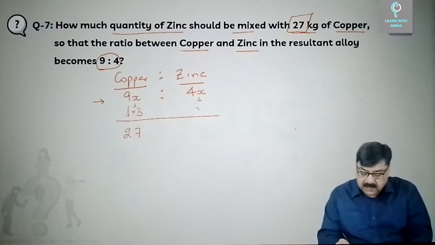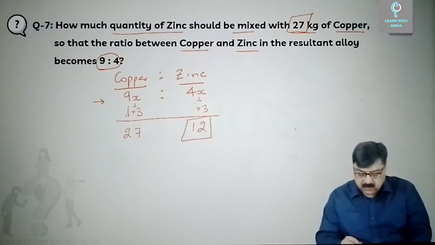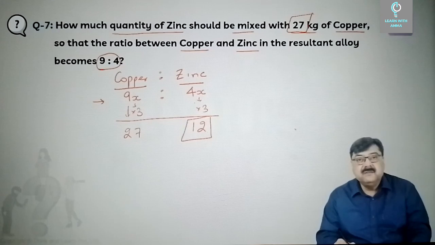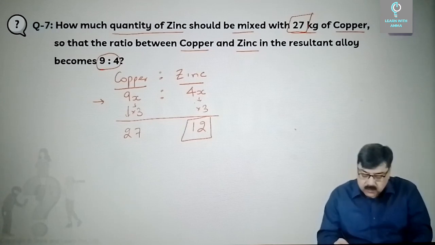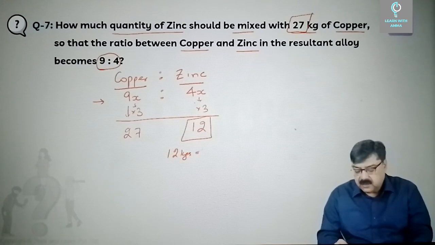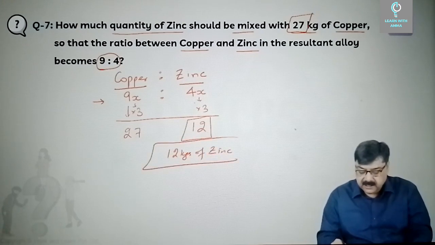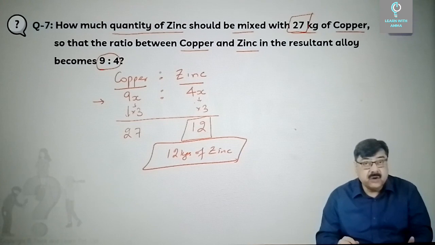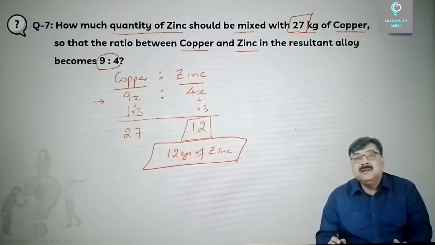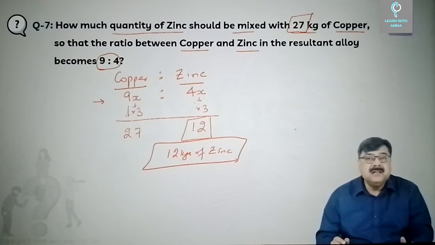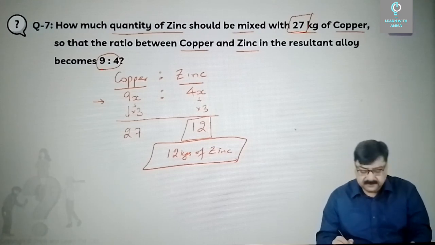So here also you multiply 4 with 3 to get 12 kgs. So 27 is to 12 is nothing but 9:4. So 12 kgs of zinc is to be mixed with 27 kg of copper so that the resultant alloy has copper and zinc in the ratio 9:4.